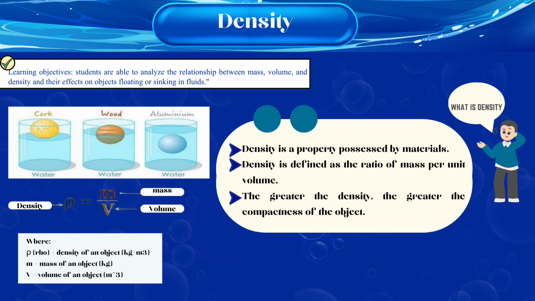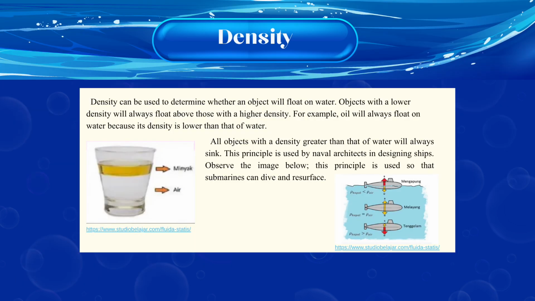This concept is expressed by the equation ρ = m/V, which defines density as the ratio of mass to volume. Therefore, the illustration helps to explain the relationship between density and the behavior of objects in fluids in a more concrete way.